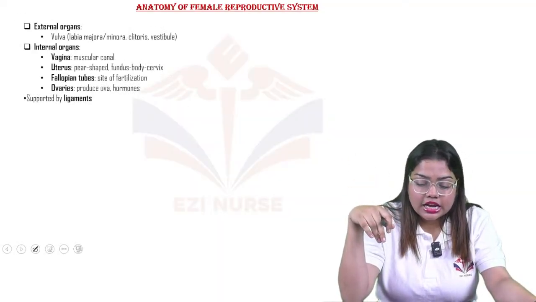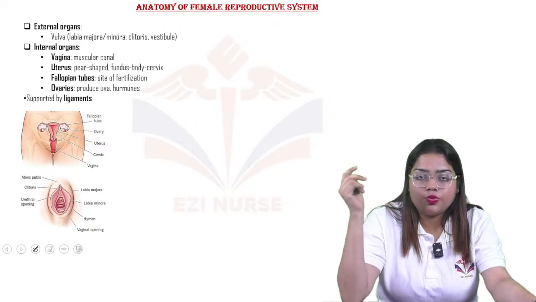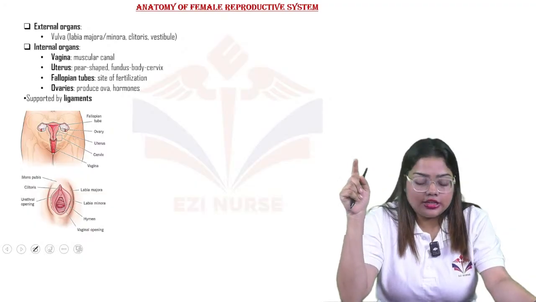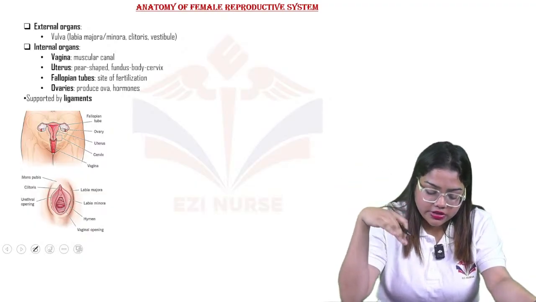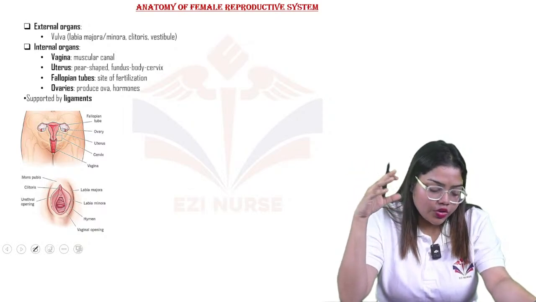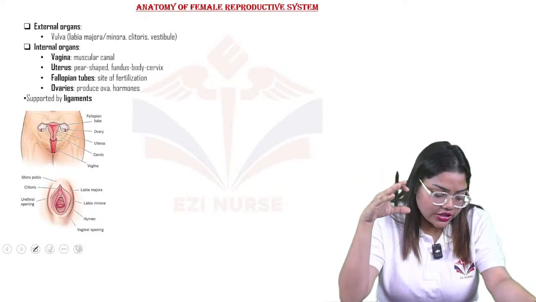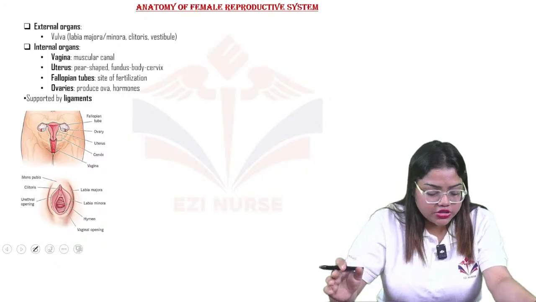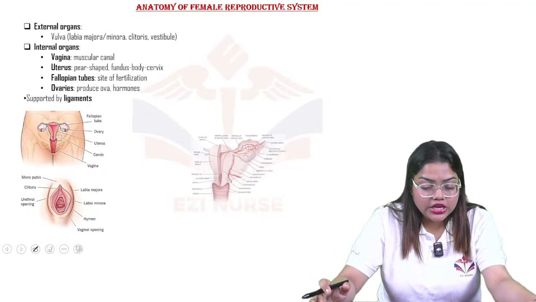The next one is the anatomy of the female reproductive system. The female reproductive system has two parts, external and internal. In internal we have the fallopian tubes, ovaries, uterus, cervix and vagina, which are placed inside the female pelvis, and the external reproductive system includes the mons pubis, clitoris, urethral opening, labia majora, labia minora, hymen and vaginal opening.